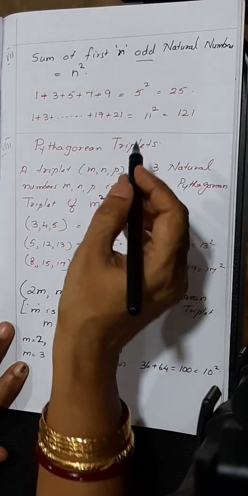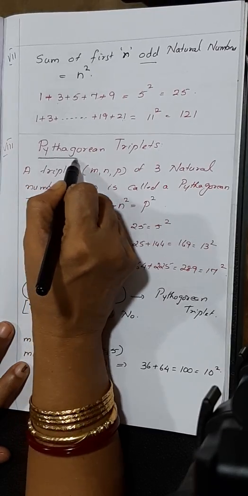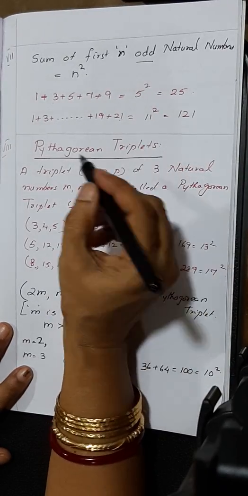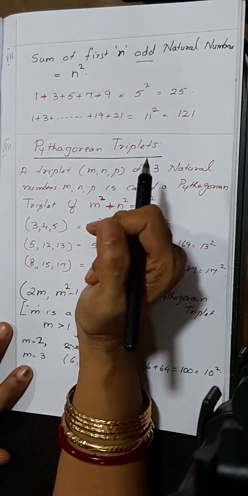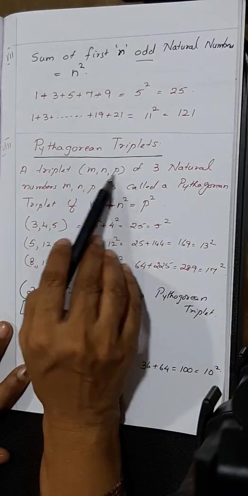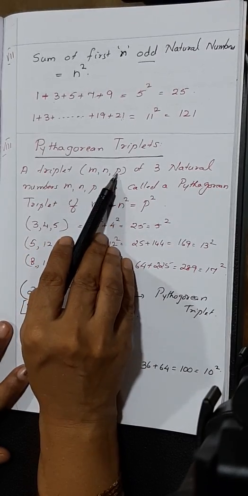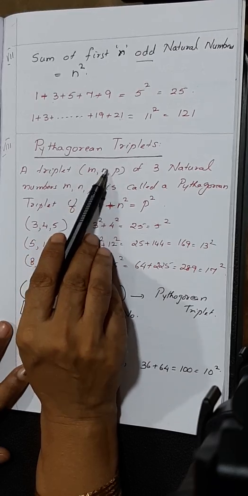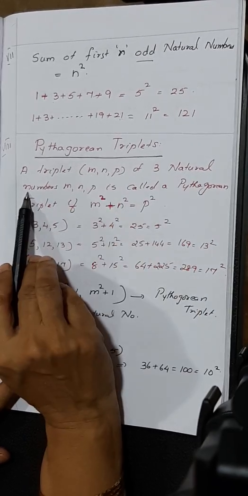Now we have another important property, that is Pythagorean triplet. You have heard about the Pythagoras theorem in triangles. It is somewhat similar to that. Here again, triplet means a set of 3 numbers. So 3 numbers, let them be m, n and p, and they are natural numbers.